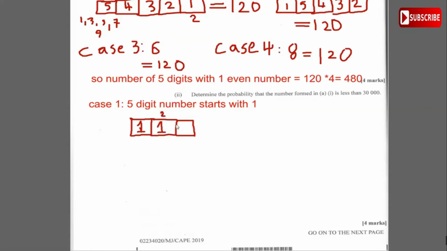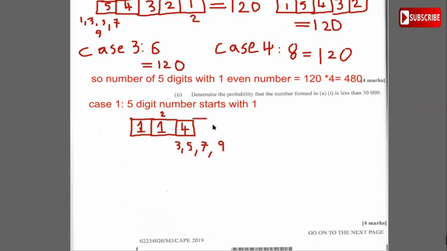We're only left with the other numbers to choose from: 3, 5, 7, 9. Because 1 is already gone, 2 is already gone, and we cannot choose 4, 6, or 8, we're left with 4 numbers to choose from.